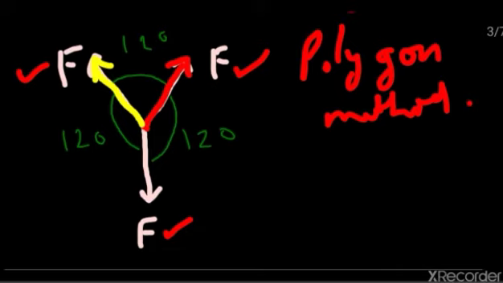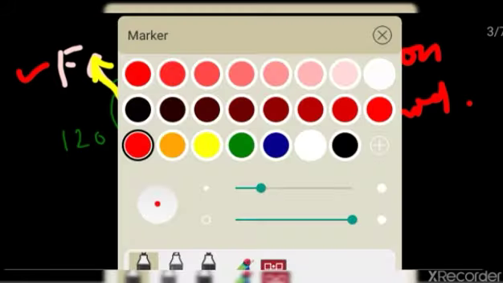What do we do in the polygon method? We arrange all the vectors in the shape of a polygon, and the combination of each two vectors is a head-tail combination. So let's arrange these three vectors in a polygon.